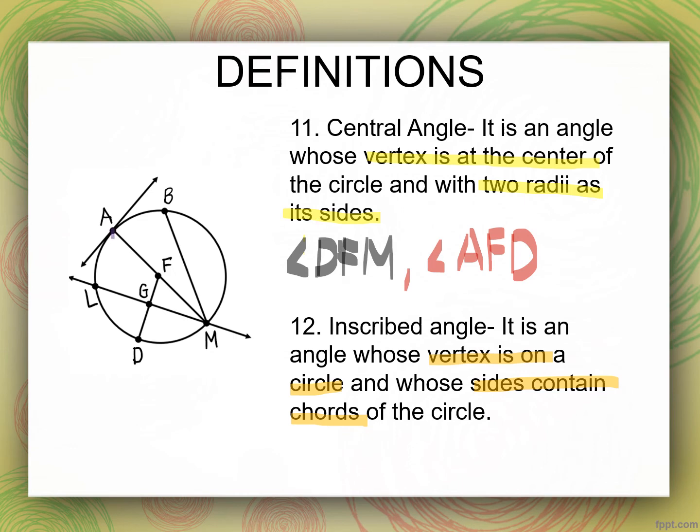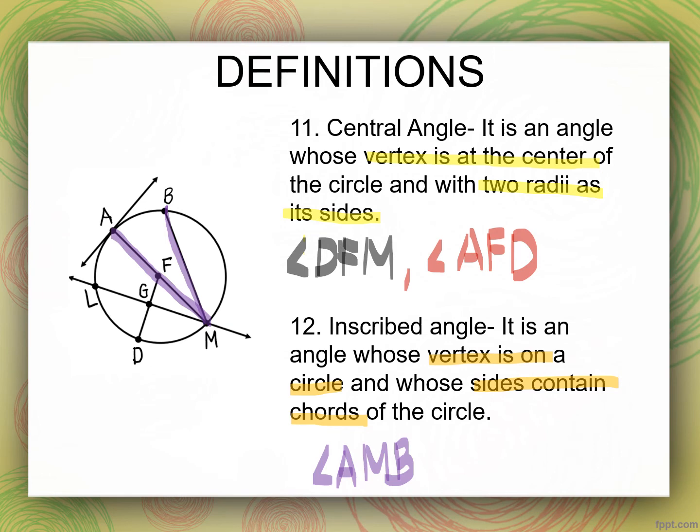So we can have AM and BM. They are both chords, and as you can see, the vertex is point M, which is on the circle. So therefore, angle AMB is an inscribed angle.